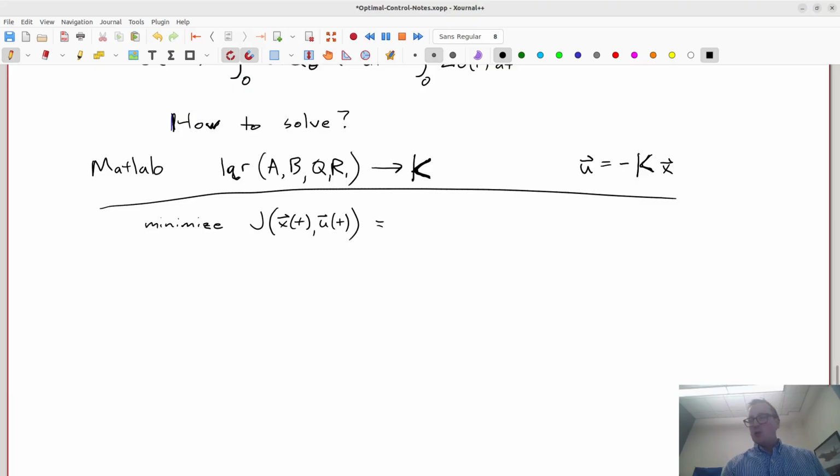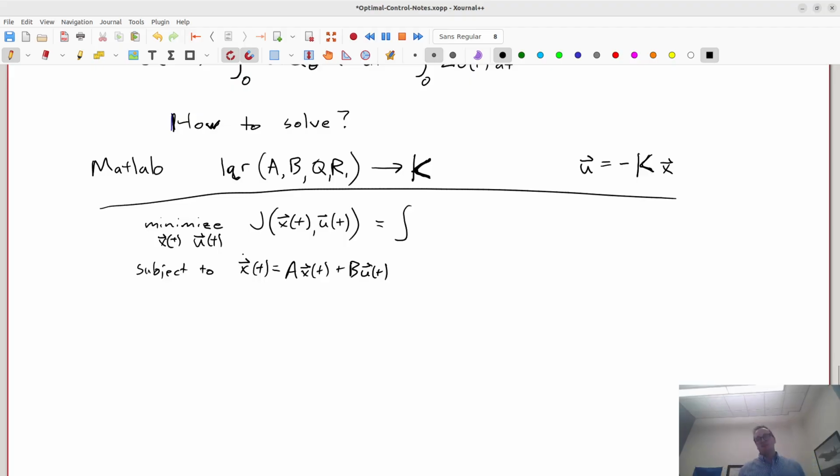But I think even if you don't understand every single step of it, you can still get a lot out of this. So we're minimizing this objective by choosing x(t) and u(t), subject to the dynamics. So we've got x dot of t equals A x of t plus B u of t.